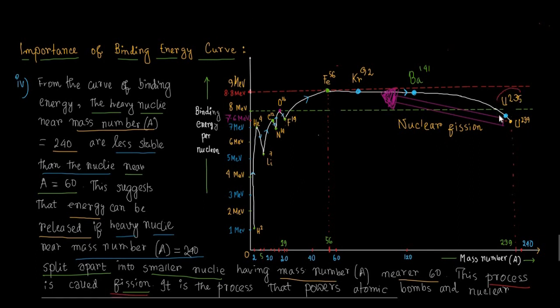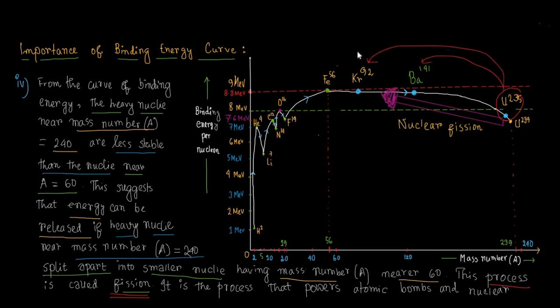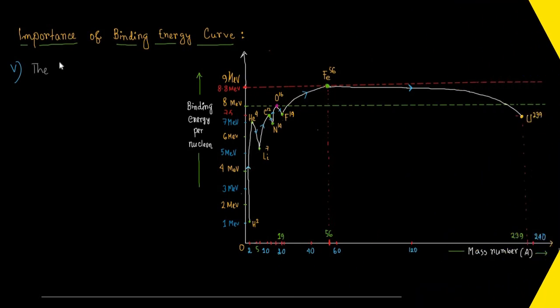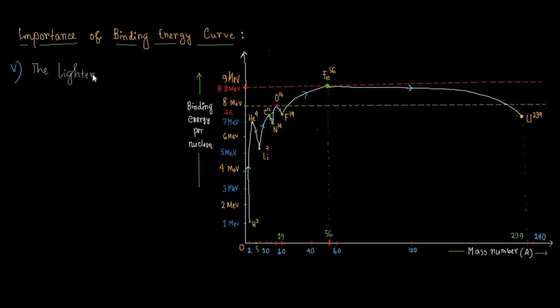Here the uranium 235 nucleus, that is a heavy nucleus, splits into barium 141 and krypton 92, and an energy of 200.4 mega electron volt will be released from this nuclear fission process.